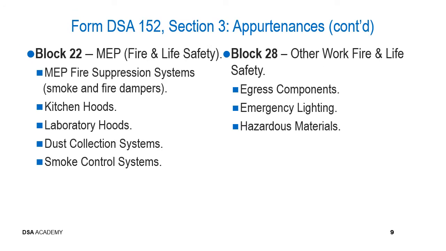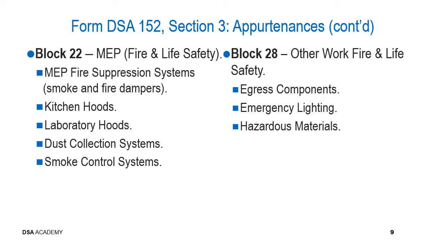Continuing with some items that may require project inspector initialing on the Form DSA 152, Section 3, Appurtenances. Block 22 is titled MEP Fire and Life Safety, and it's possible that MEP fire suppression systems, smoke and fire dampers may require initialing.